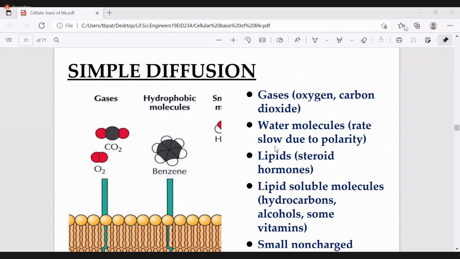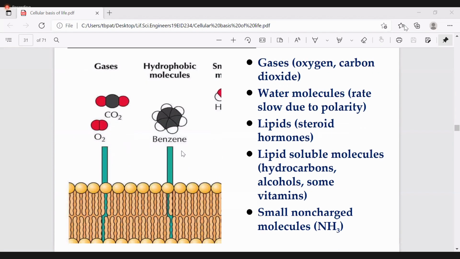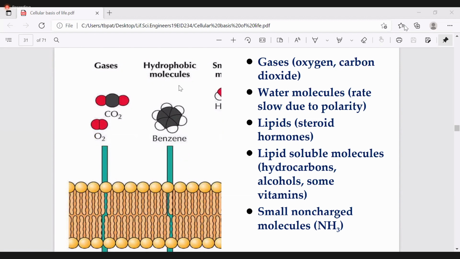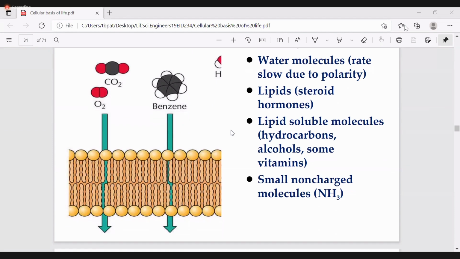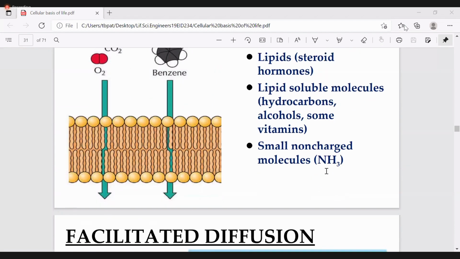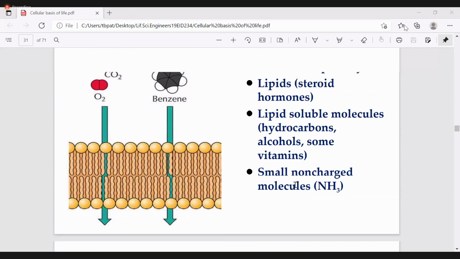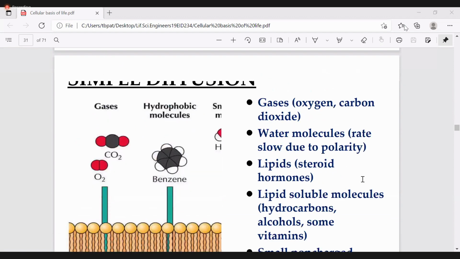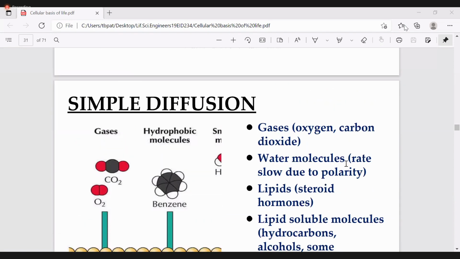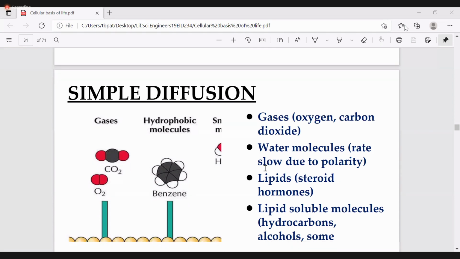Simple diffusion, for example: gases like carbon dioxide and oxygen, and aromatic liquids like the hydrocarbon benzene, pass through. Water molecules pass at a slow rate due to polarity, with one negative pole and one positive pole.